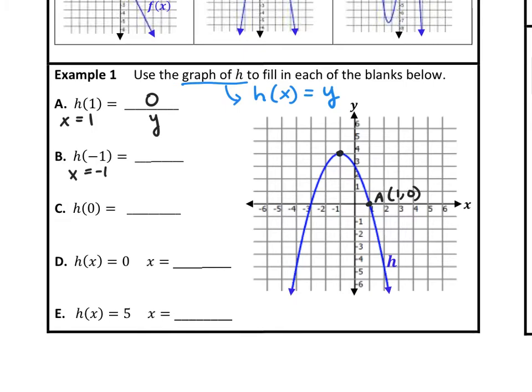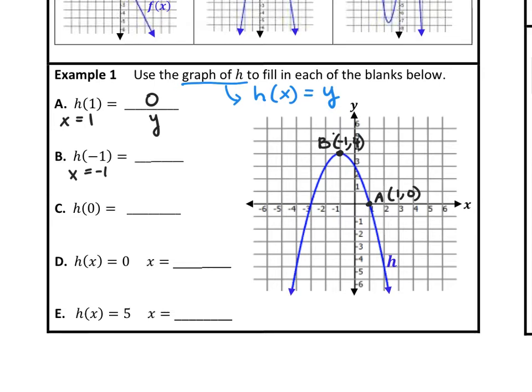That's at 1, 2, 3, 4. So I'm going to call this point B because we're working on example B. But what's the location of that point? What's the coordinate of that point? I don't like my parentheses today. Okay, it's going to be -1, 4.